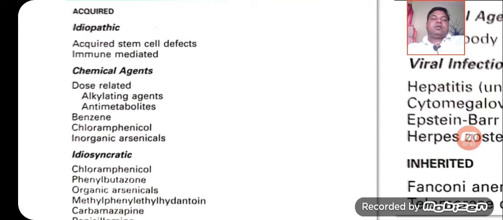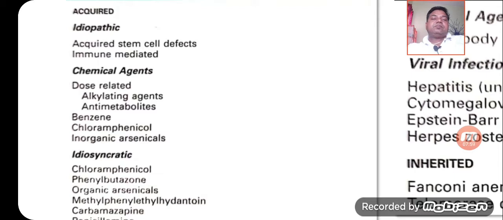Apart from this, there are certain chemical agents which can suppress the marrow: dose related alkylating agents and antimetabolites, which are used in chemotherapy for various types of cancers, and benzene, chloramphenicol and inorganic arsenic.